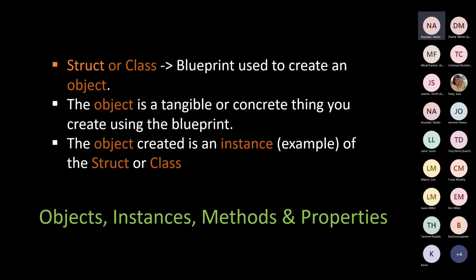Sometimes objects and instances are used interchangeably. But the truth is that what you actually create is the object, and the instance is usually just used to show a relationship between the class and the object. That's not a good description of it, but just think of it almost like the noun and the verb of something.